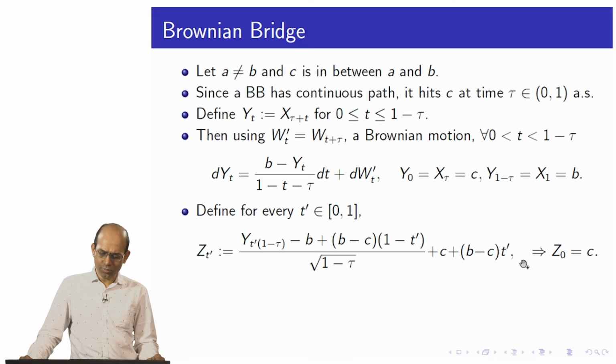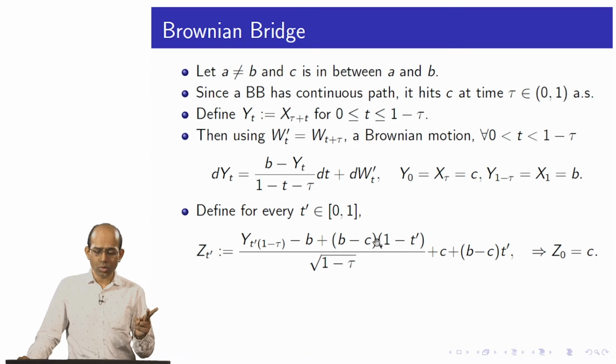Now, we see from this definition what is z1. Okay. So, we would put t prime is equal to 1 here. If we put, then I would get y of 1 minus tau, that is b anyway. Okay. So, b minus b, that is 0, and then t prime is equal to 1, so 1 minus 1 is 0.